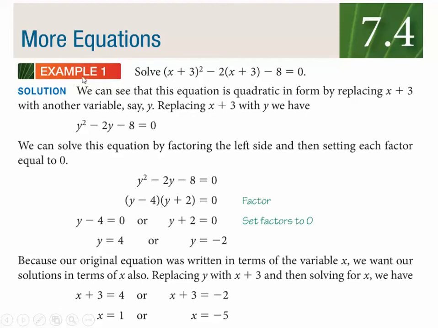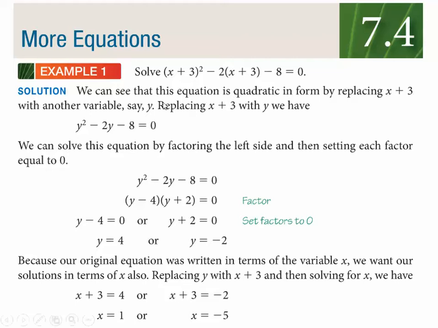So example 1, let's think about this here. Notice x plus 3 is being squared, then you've got x plus 3 to the 1 power. So this is sort of quadratic in form, because it goes from degree 2, then degree 1, and then no degree whatsoever. We're good? So here's what we're going to do. We're going to do substitution.